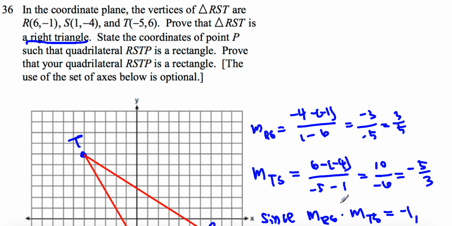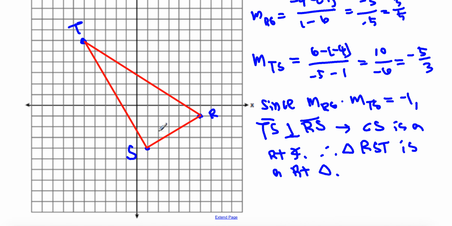How about the second one? State the coordinates of point P such that it's a rectangle RSTP. So P has to be around here. How can I show that it's a rectangle? A rectangle is essentially a parallelogram with more restrictions.